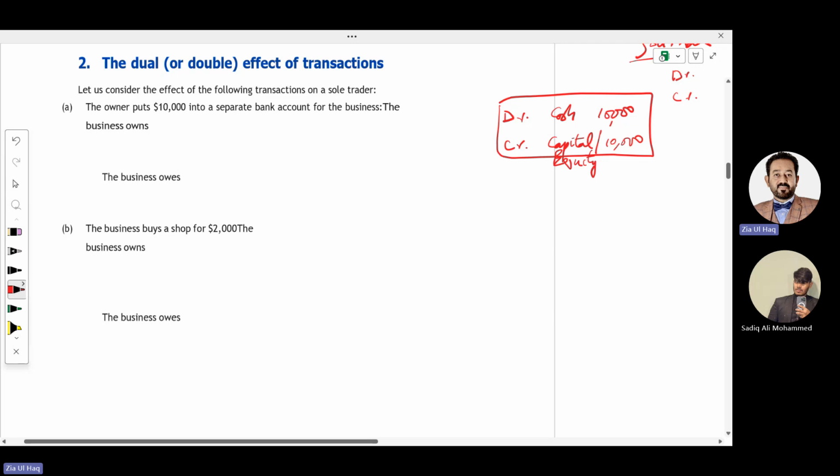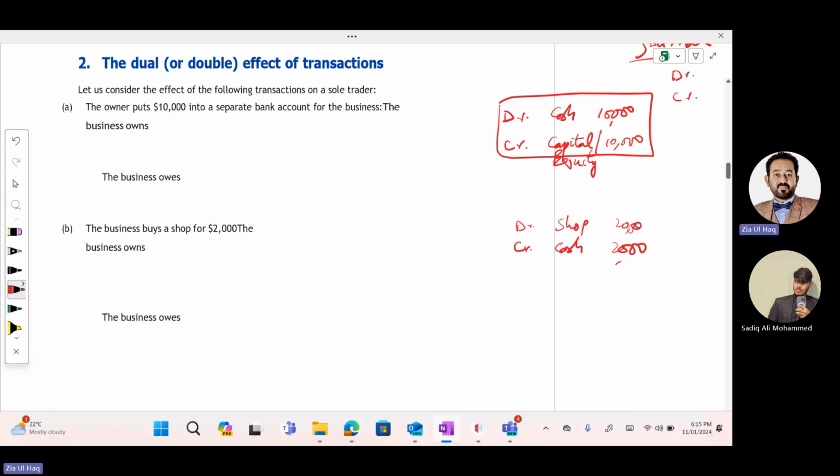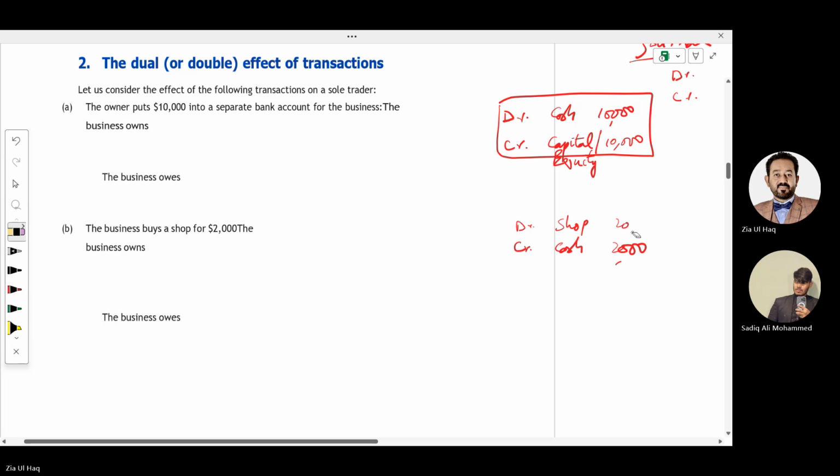Is cash coming in or going out? Going out. So we will credit cash with 2,000, and we will debit the shop asset with 2,000.